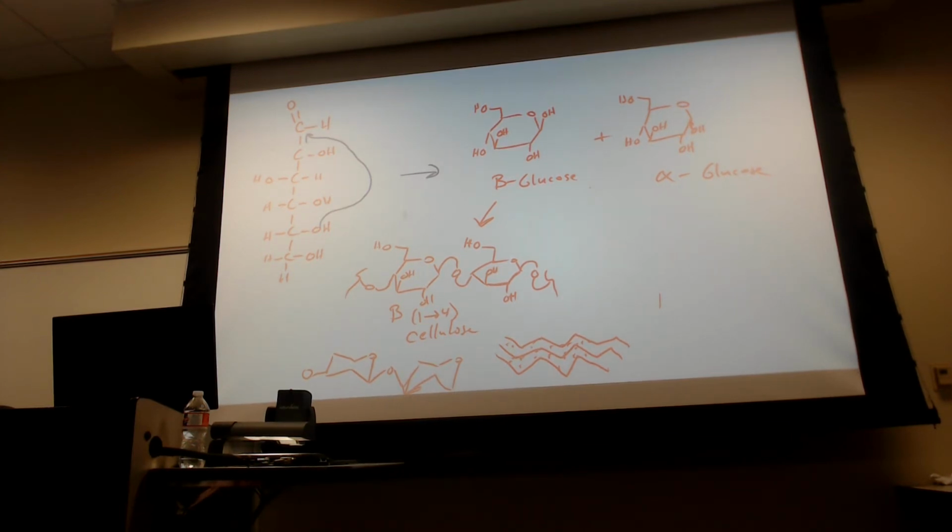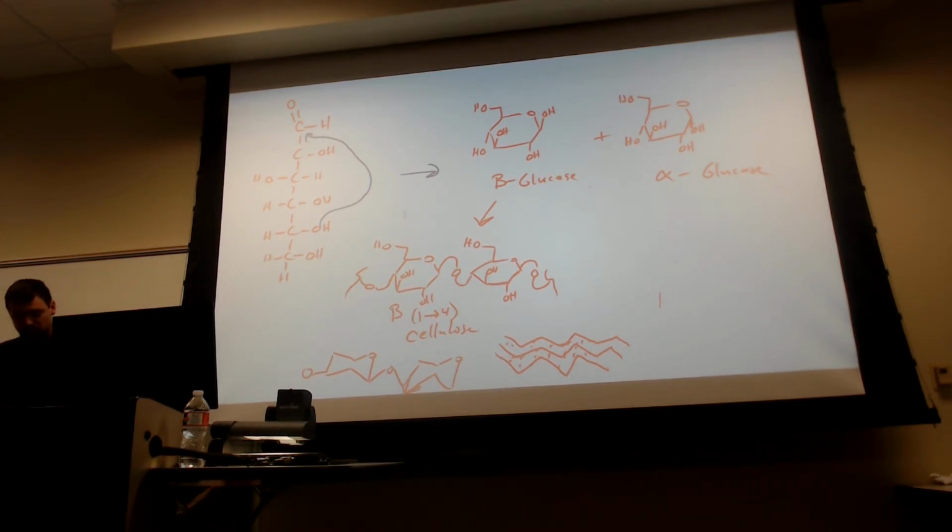Things like bacteria found in the guts of termites, cows, and other things can actually break down cellulose, but we cannot eat cellulose and degrade it. And this all comes from a difference here in a beta 1,4 linkage versus the alpha case.